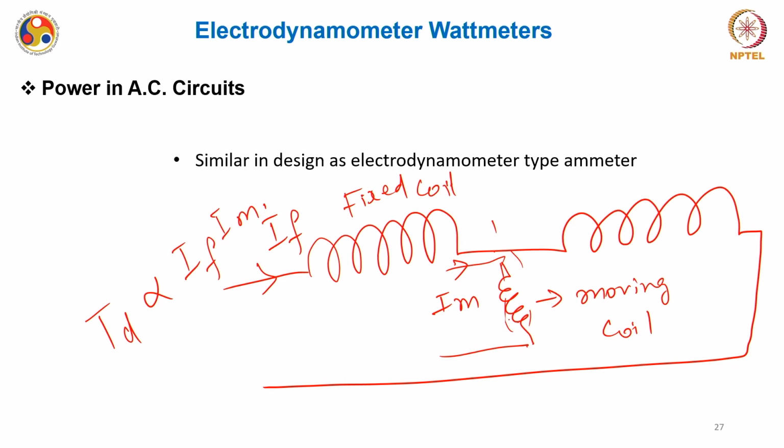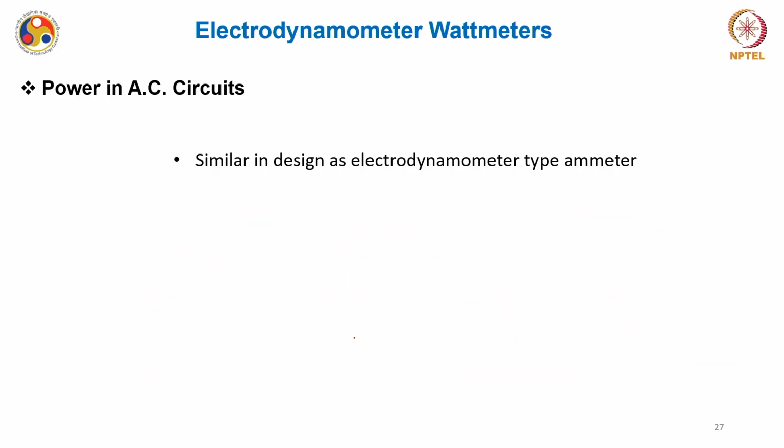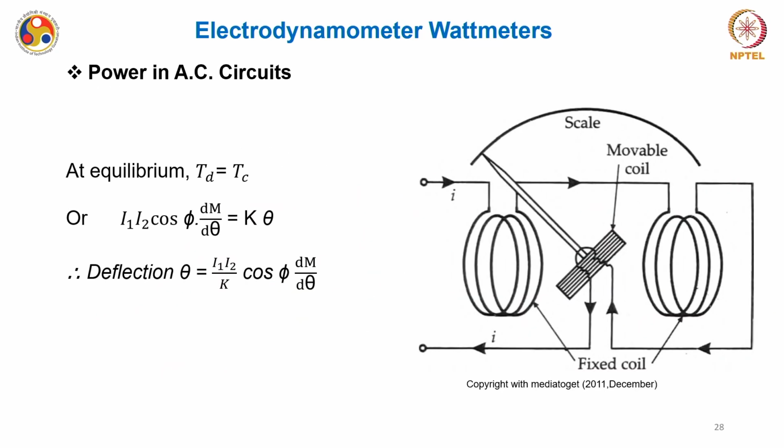In fact, for the AC signal we have seen that the deflecting torque Td was proportional to IF, IM and the cos of the phase difference between them. This is the basis behind the AC electrodynamometer kind of instrument. More precisely, the deflecting torque was equal to I1 into I2 into cos phi into dM by d theta, where M is the mutual inductance.